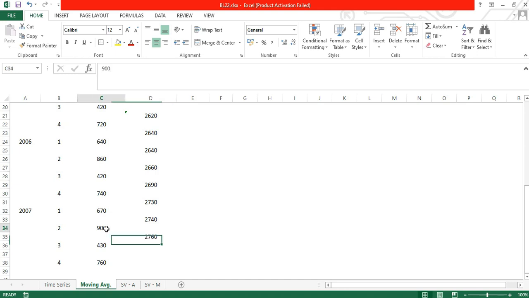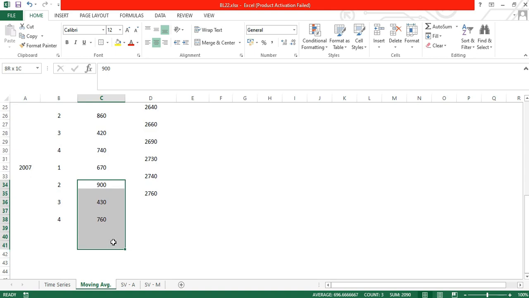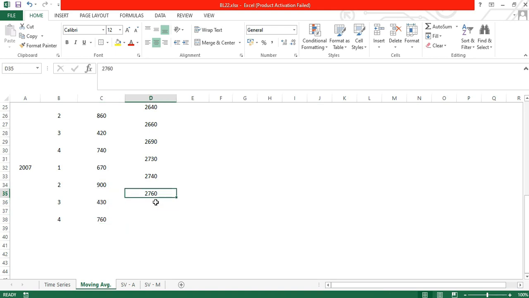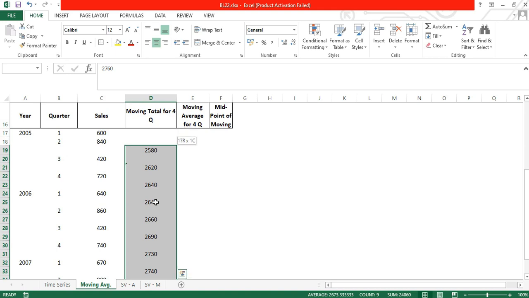And from 900 onwards, can I pull it till another 4 quarters? No, I cannot, because there isn't any other data given as it finishes from quarter 4 of 2007. So I leave it and stop. Hence, this will be my moving totals for 4 quarters.